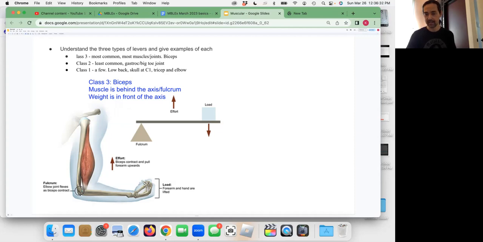So it's the axis and then the muscle in front of the axis and then the weight in front of the muscle. Another way of saying that is that with the weight on one end and the axis on the other end, a class 3 lever puts the muscle in the middle. That's the case for almost every muscle in the body.